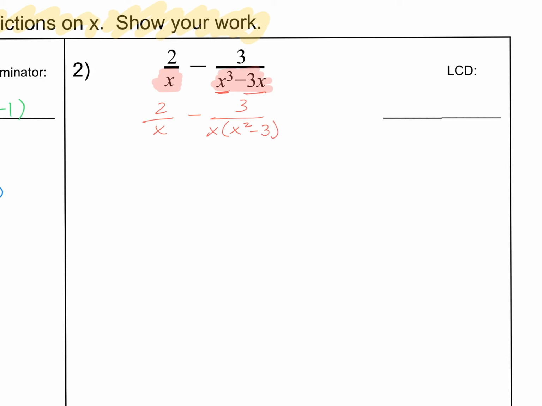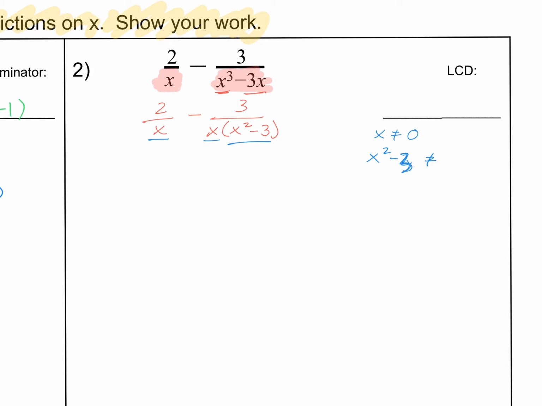Now that I have all my denominators factored, step 2 is to identify those restrictions. I want to make sure I do that now, because if I wait, I might forget to do that later. So I have factors x and x, they're the same, so I could just do it once. X cannot equal 0, and that's it. For the other one, x squared minus 3, I may need to do more work for that one.